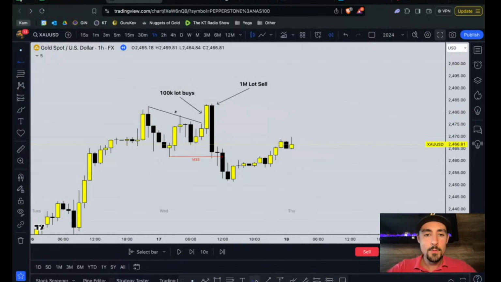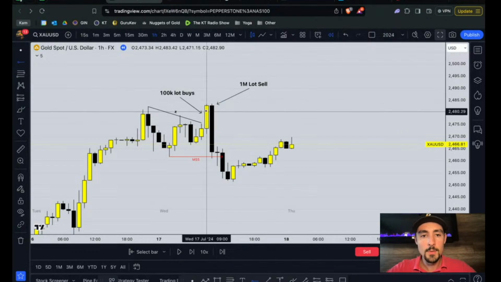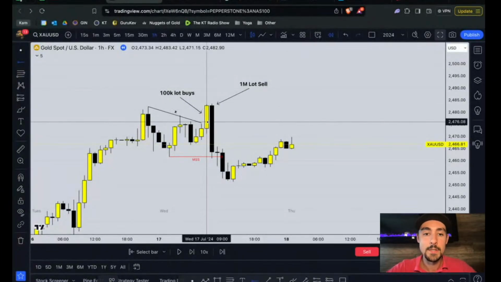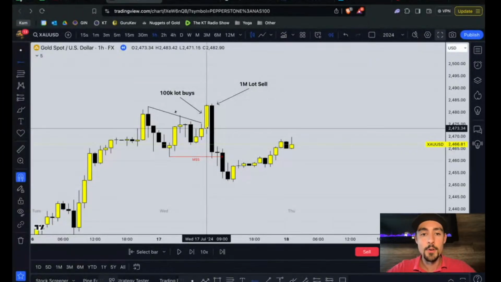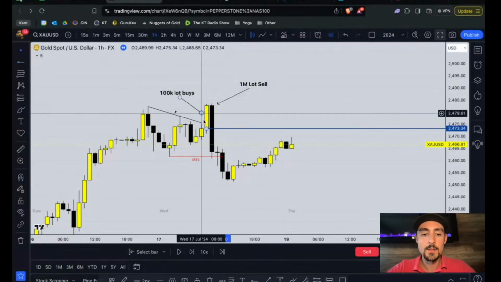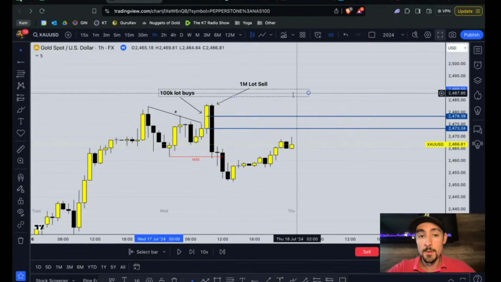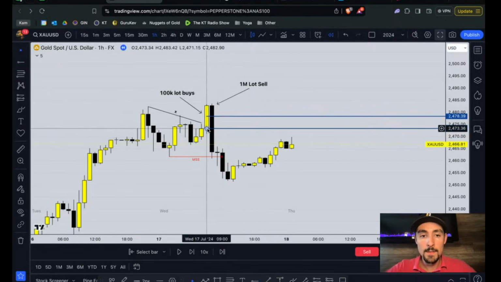So how would we take an entry based off this? All right, so we would look to enter when we have a full body candle like this, a full volume candle body, where we can basically see that the body is much bigger than the wicks, because the entry model will be different if it's not this case. And I'll show you guys an example in a second. What you're going to want to do when the candle body is looking nice like this, you're going to take a horizontal ray, or however you want to mark it up, and you're going to mark up the open of that last up candle and the 50%, roughly the 50%.